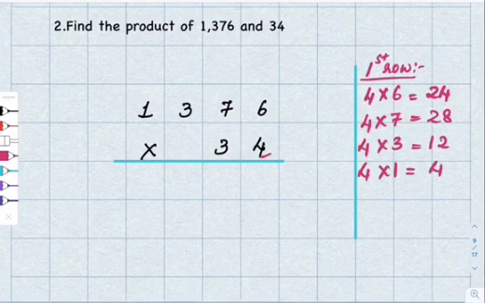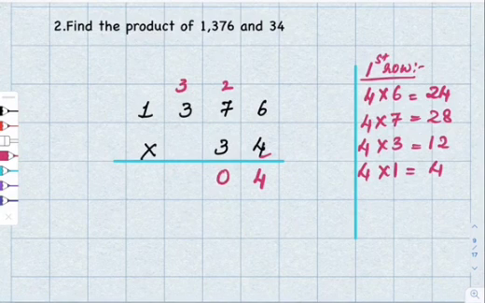So we will start writing 6 4s are 24, 4 at the bottom, 2 on top, carried. 4 7s are 28, plus 2 is 30. 0 at the bottom, 3 carried. 4 3s are 12, plus 3 is 15. 5 at the bottom, 1 carried. 4 1s are 4, plus 1 is 5. So this is for the first row.